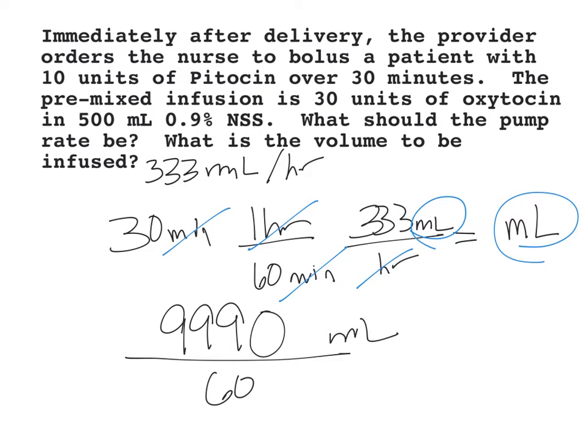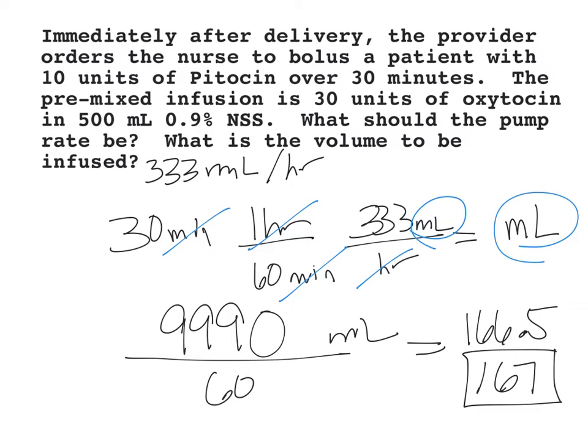When you get your calculator out and you divide that, you are going to end up with 166.5, which will then be rounded up to the nearest whole number, which is 167. Okay? That is your volume to be infused, to give you 10 units. All right? So that is how you would work out that problem.